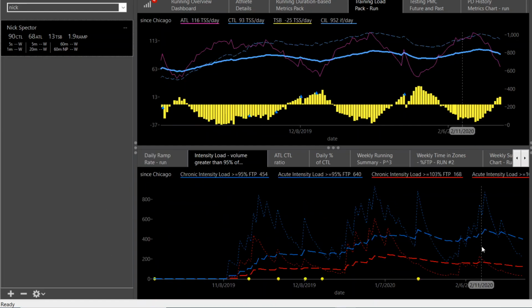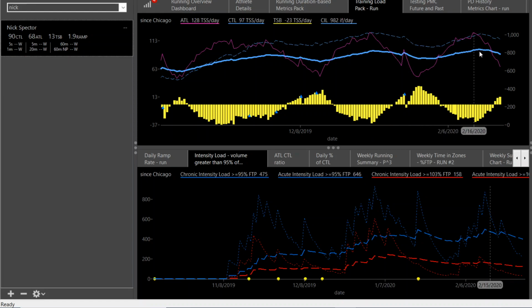Now I want to just go back one more time and look at this. This is his intensity load. So you can see that, again, the yellow dots, like the blue dots above, the yellow dots below are all races. Besides being able to build his chronic training load, which is non-specific, it's the TSS elements that are leading to his overall training load, his duration and relative intensity combined together, right?